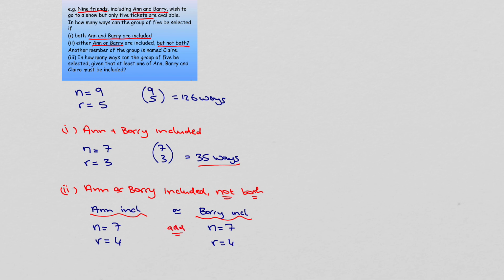So in other words, we're going to have 7 choose 4 plus 7 choose 4. So 7 choose 4 is 35. So in other words, that's going to be 35 times 2, or in other words, 35 plus 35. So in other words, there are 70 ways where either Anne or Barry are included, but not both.